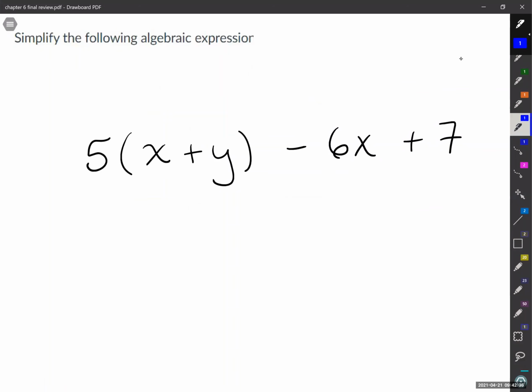Next, we'll simplify. So we'll distribute, combine like terms. Give everybody a minute to attempt it on their own.